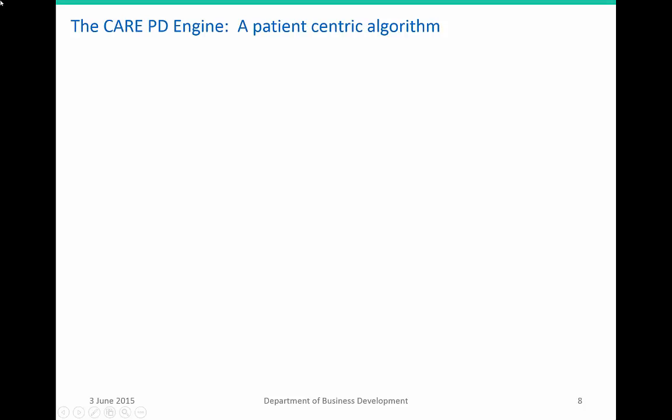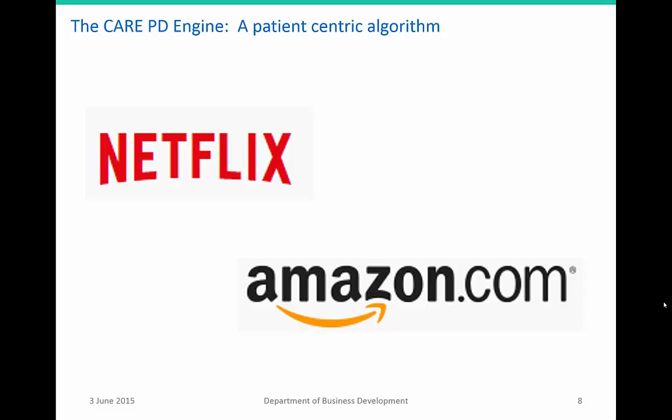I want to now use the next two slides to put into context the CARE process. In the third slide, we can talk about the validation exercise once CARE's PDs are produced from any provider's patient population data set. Let me offer an analogy to a well-known big data business process that works in a similar way to CARE. Netflix or Amazon knows that I'm a user of their stuff over the years, that I'm a 62-year-old male living in South Bend, Indiana.